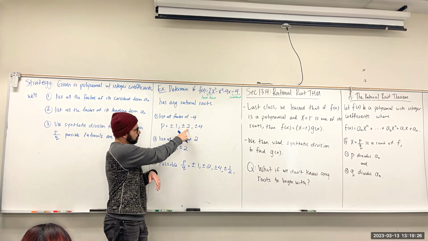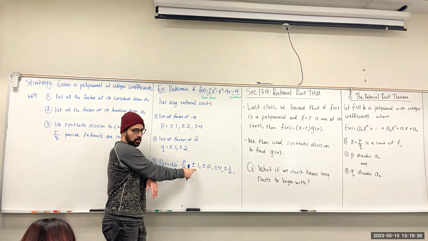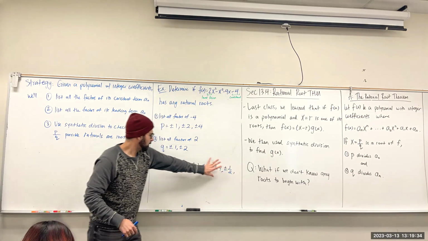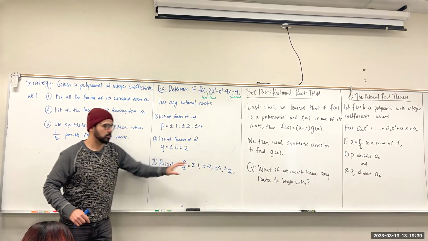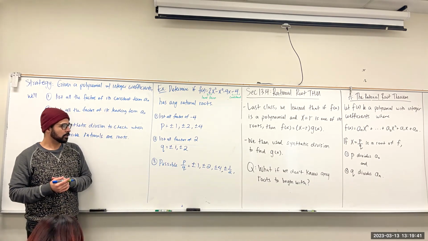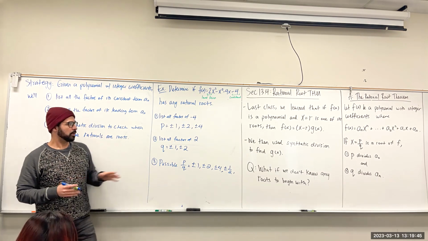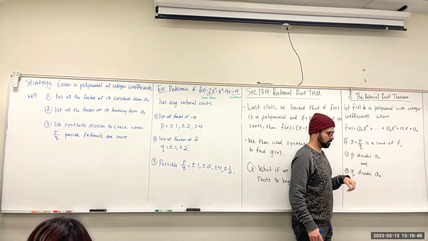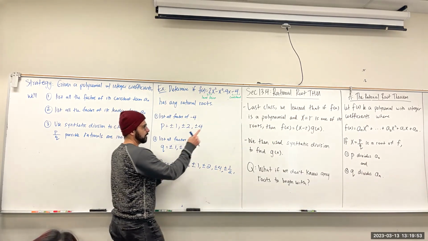I guess 2 over 2 would be just 1. Is there any other fraction that I can add to this list that will produce a new root? It doesn't matter how many times it can happen, it just matters if it shows up or not. Because this theorem says, if it's a root, it must do this and that. And these are all the possible fractions that satisfy this part here.